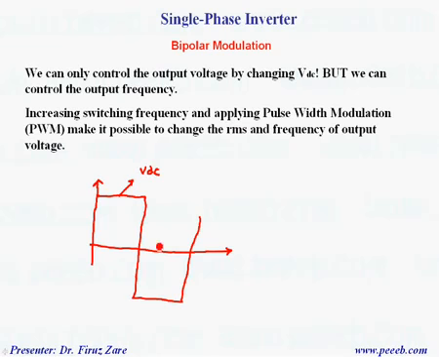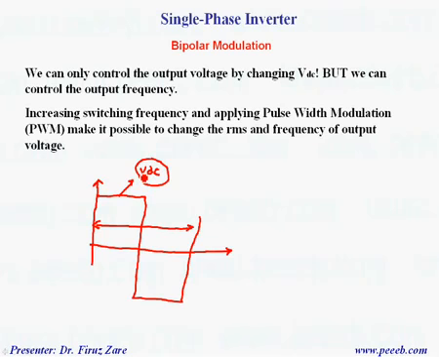So by changing the switching time, we can change the output frequency, but the RMS basically depends on the magnitude of the DC link voltage.